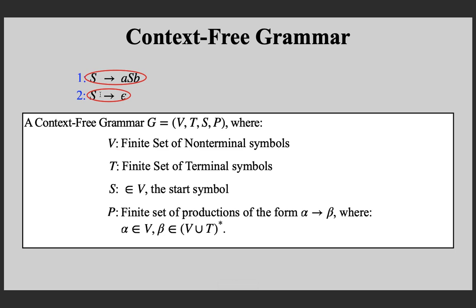And finally, a finite set of productions. Here two productions are there, and each production is of the form alpha can be replaced with beta, where alpha is a variable. So the LHS is a variable, same as that of the regular grammar, and the RHS can be any string of variables and terminals.